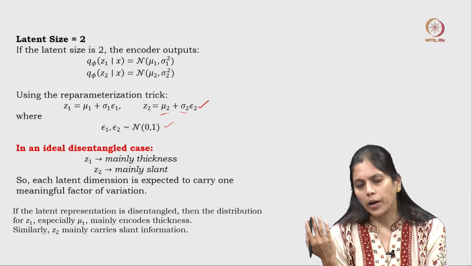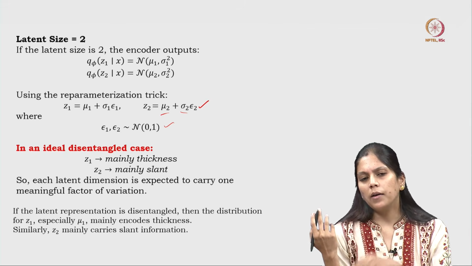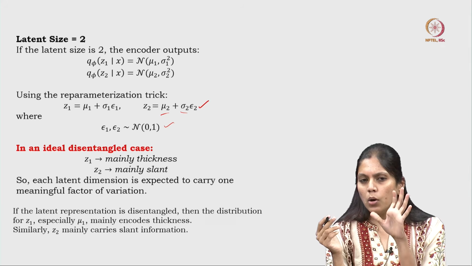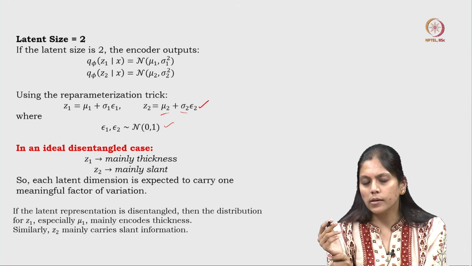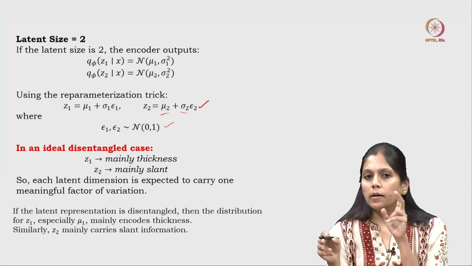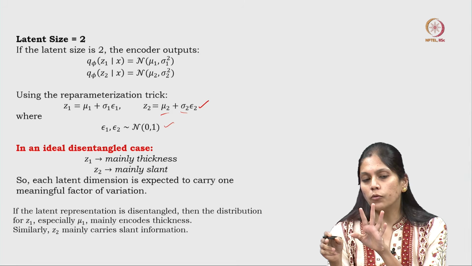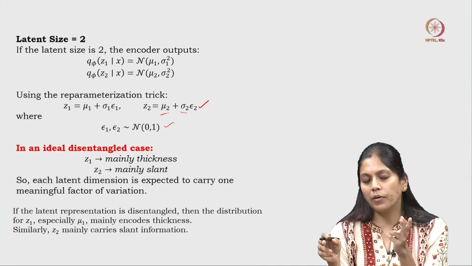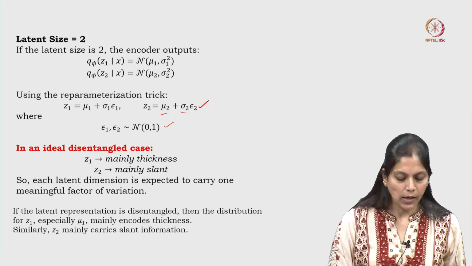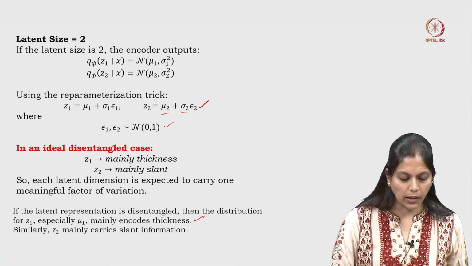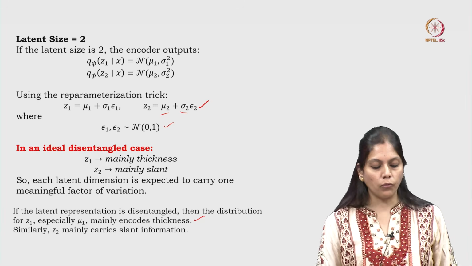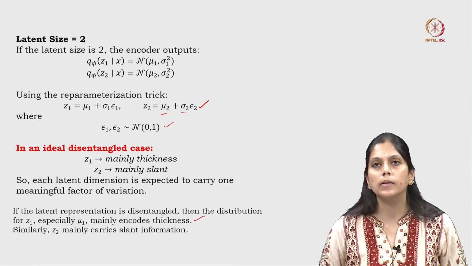So, in another way, if you are calling Z1 disentangled, it means that mean 1 is primarily focusing on thickness. Then only Z1 can be only on thickness, right? If Z1 is focusing on thickness, and Z1 is obtained from mean 1, then mean 1 is also focusing on thickness, right? So, mean 1 mainly encodes thickness, and Z2 carries the slant information, therefore mean 2 is also focusing on this.